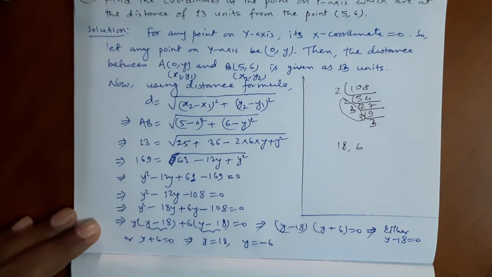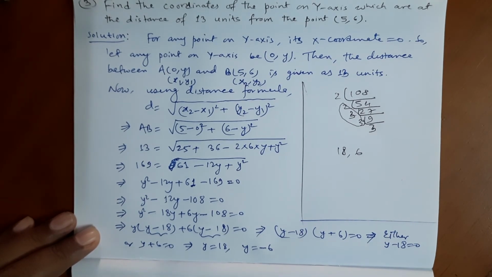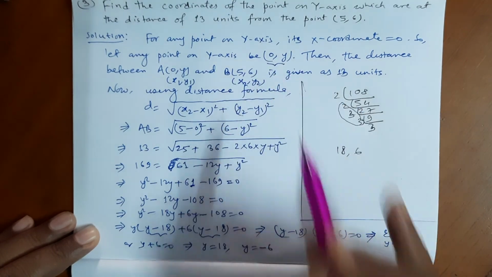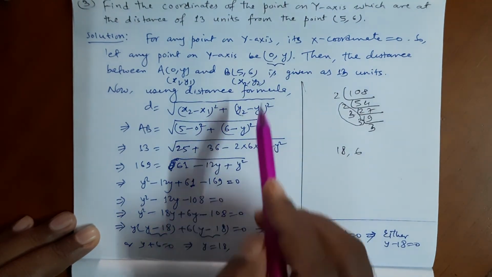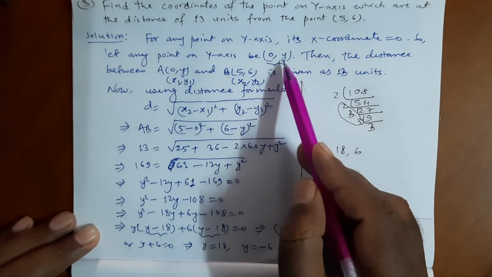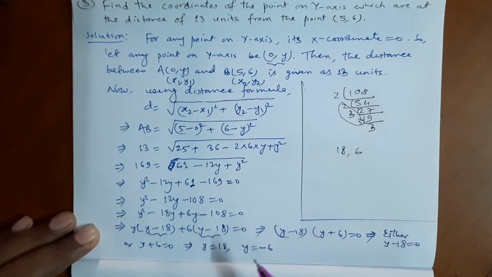Now we have supposed that the point on the y-axis is (0, y). So this value of y we can substitute here: (0, minus 6) is one point, and if you substitute the other value, (0, 18) is another point.